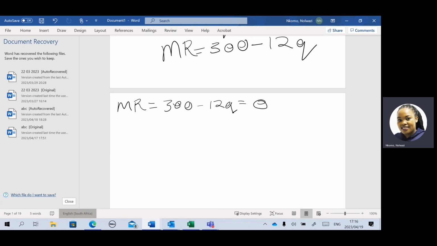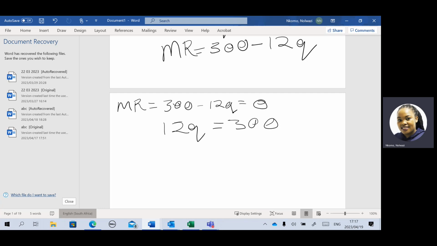We need to make Q the subject of the formula. To do that, I will transpose minus 12Q to the other side and be left with 300 on the other side. So we have 12Q equals 300. When I transpose minus 12Q to the other side, it changes the sign from negative to positive, that's why we have plus 12Q.